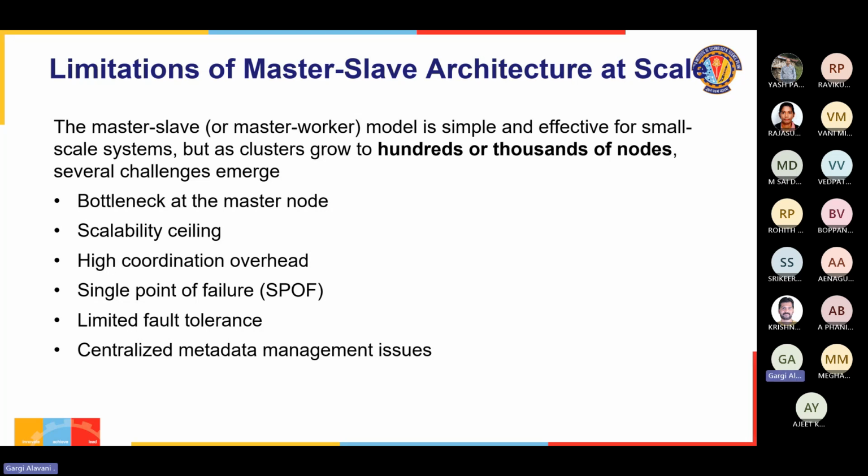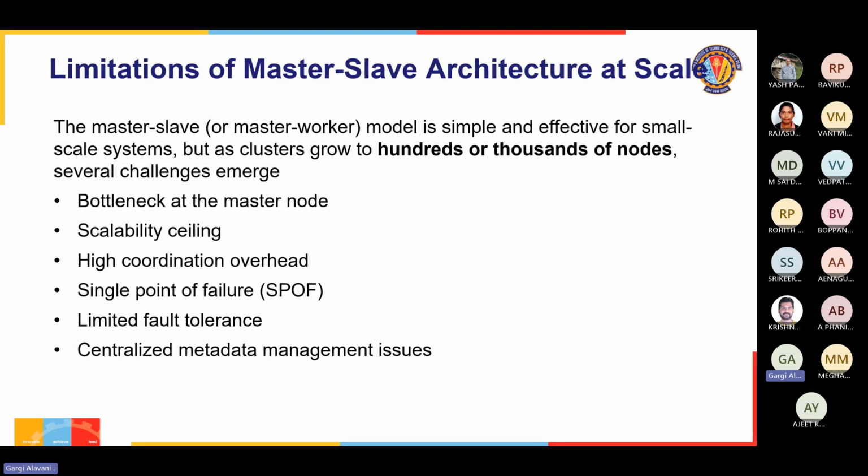The master node also becomes a single point of failure because if the master node fails, the entire system will halt. Even if all worker nodes are healthy and available, once the master node fails, the system is halted. Another limitation is fault tolerance. With master slave systems, we require complex failover strategies.